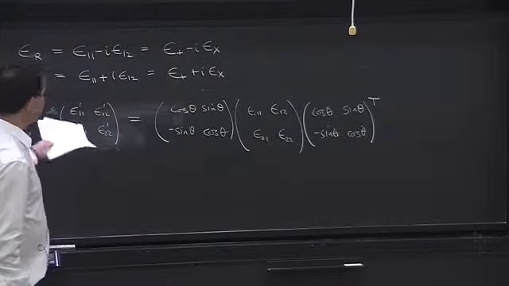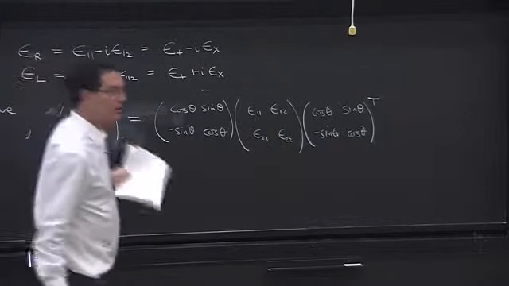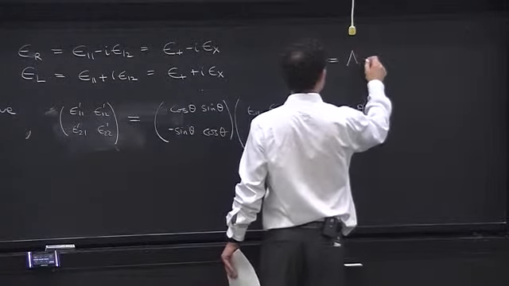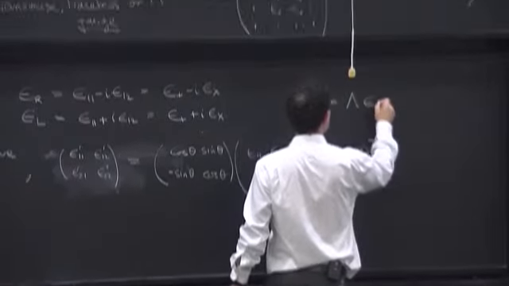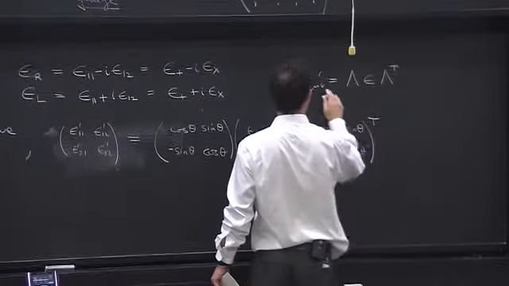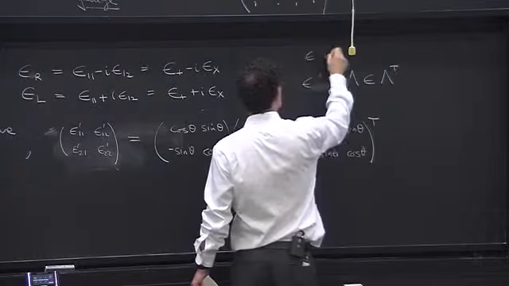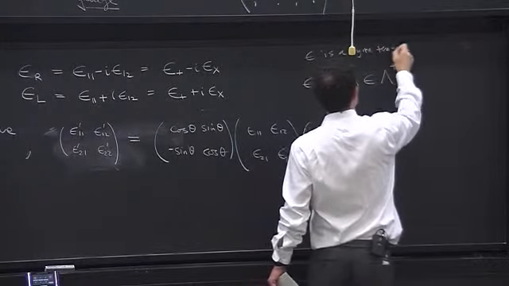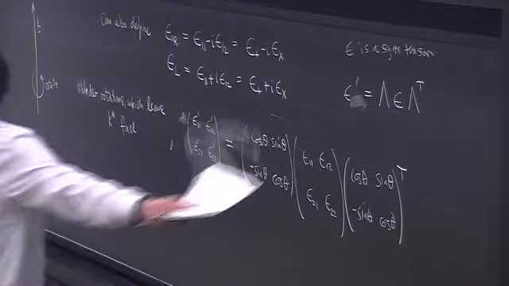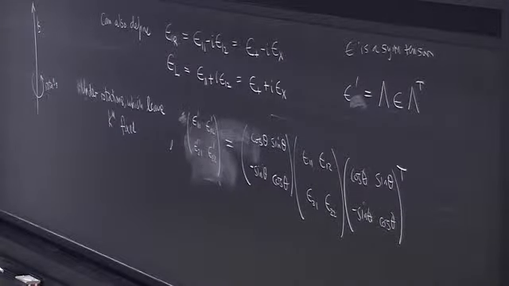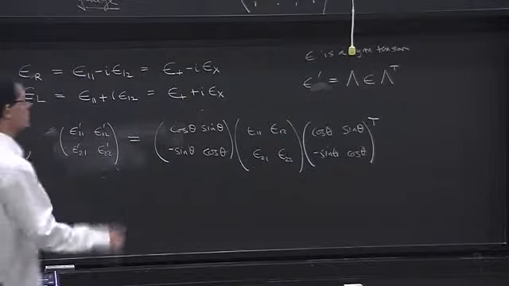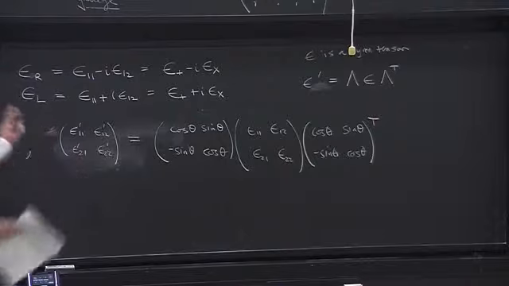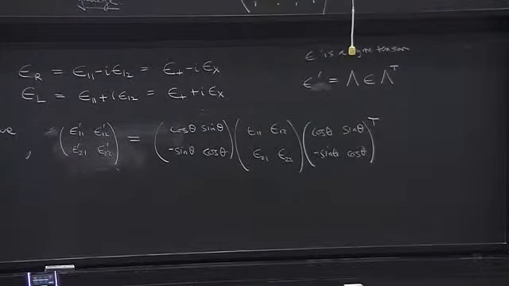Okay, why? Because epsilon is a symmetric tensor, and epsilon mu nu prime is equal to lambda epsilon lambda transpose. Under a Lorentz transformation, that's how epsilon transforms. It has two indices, they both transform with a lambda, and you remember when we write this as a matrix, we have to transpose the second one.